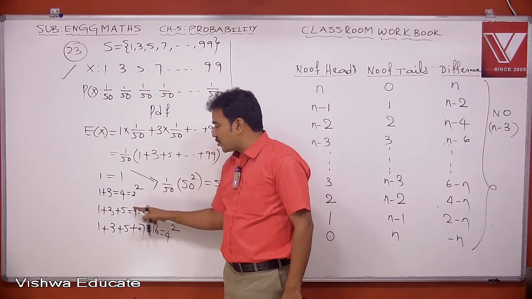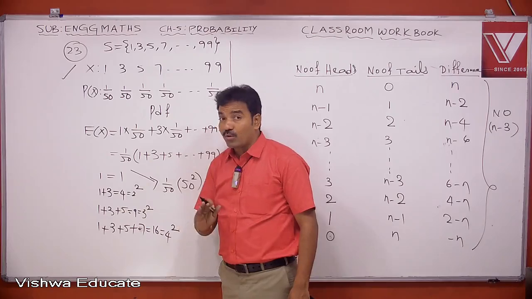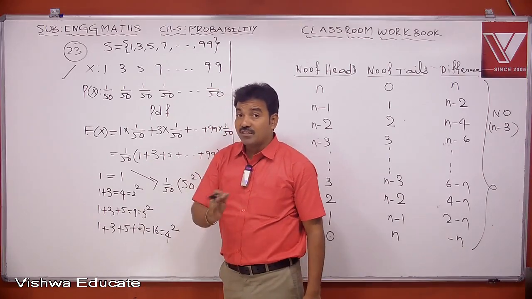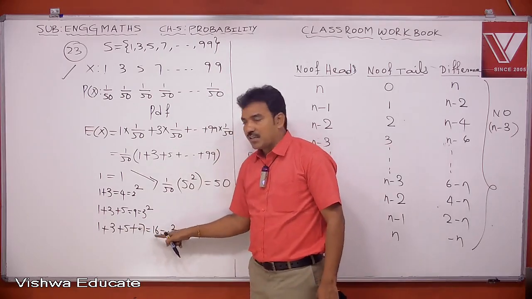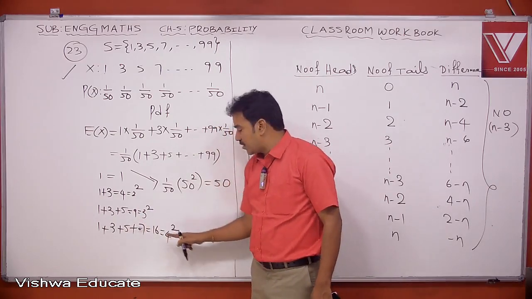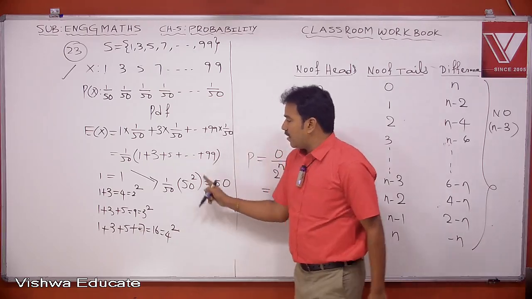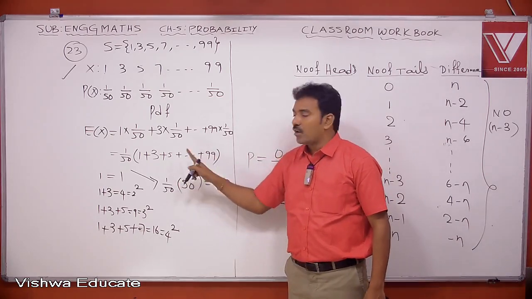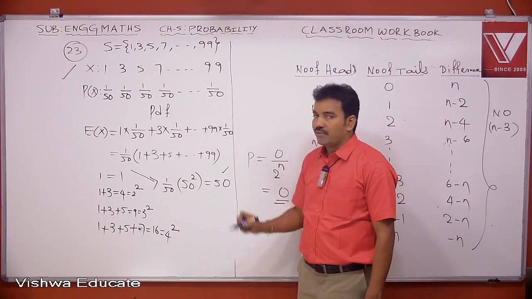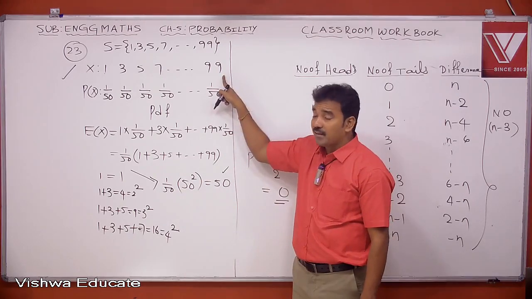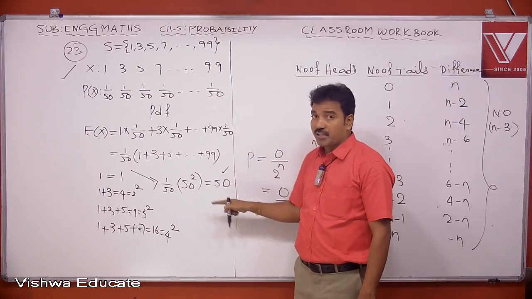This 3 represents how many odd numbers there are. Count is important, but they must be the first 3 odd numbers. 1 plus 3 plus 5 plus 7 is 16. The sum of the first 4 odd numbers is 4 square. Similarly, the sum of the first 50 odd numbers is 50 square. So 1 by 50 into 50 square, the answer is 50. So this is the PDF and this is its expectation.